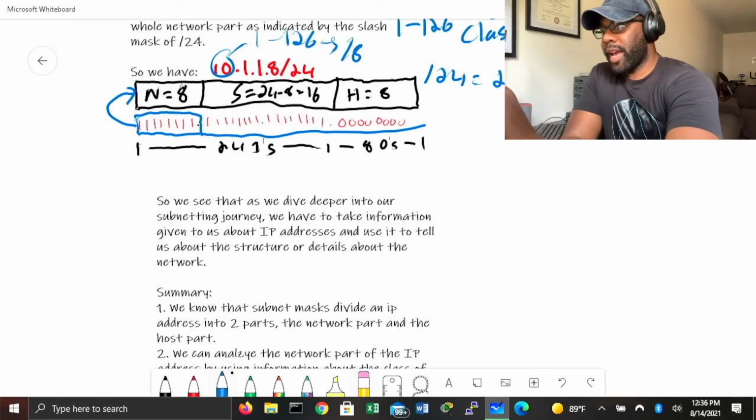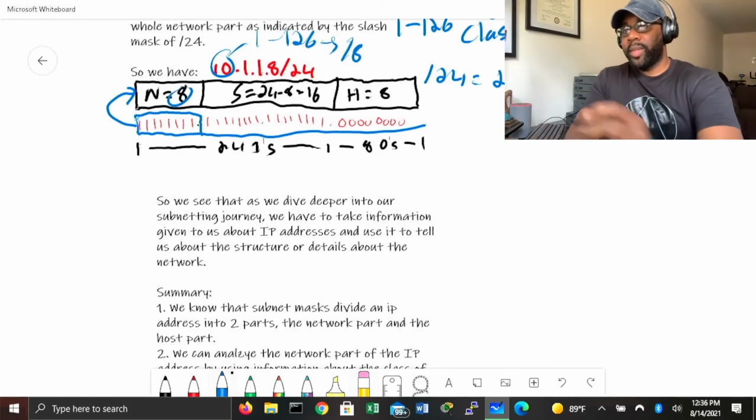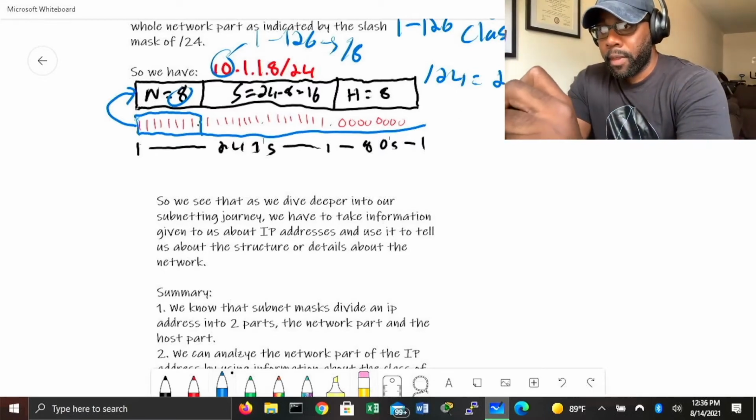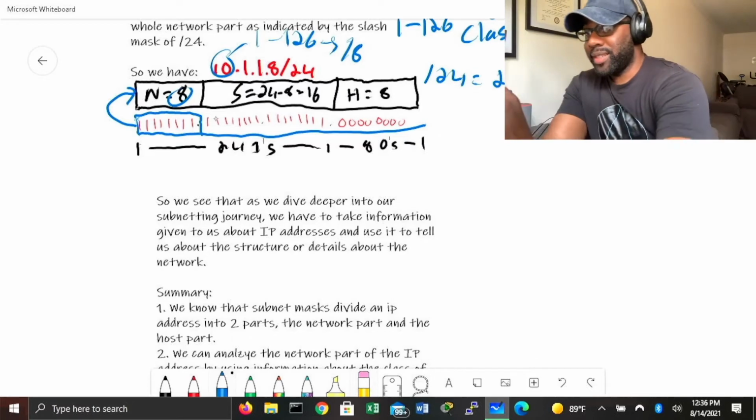That's how we got that N right there. Now, what's the rest? We see that we have these 16 bits left over, these 16 bits that are not part of N, and that means that it is the subnet.